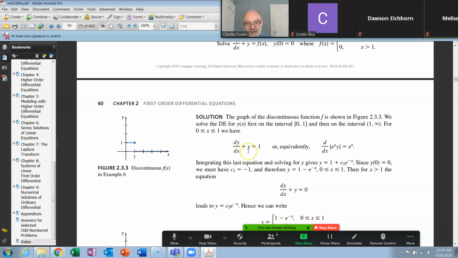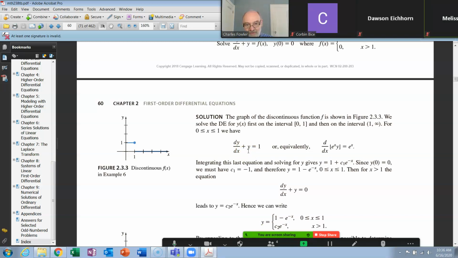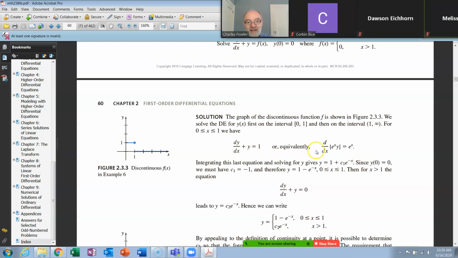Here was our initial condition, and they said that's equivalent to this. Well, what they did: p of x is equal to 1, the integral of p of x dx is equal to x, raise that to the e, and that's your e to the x. So that's what they did.